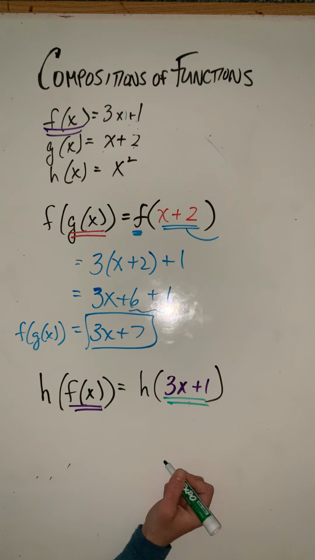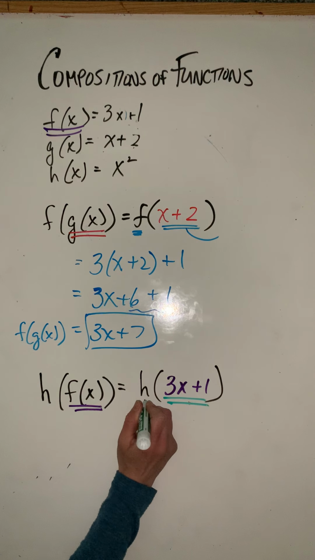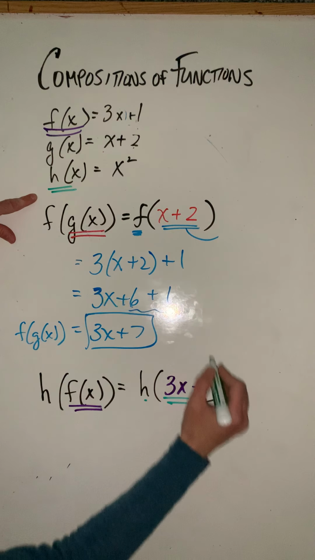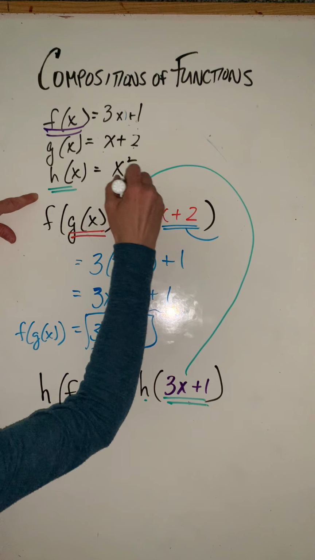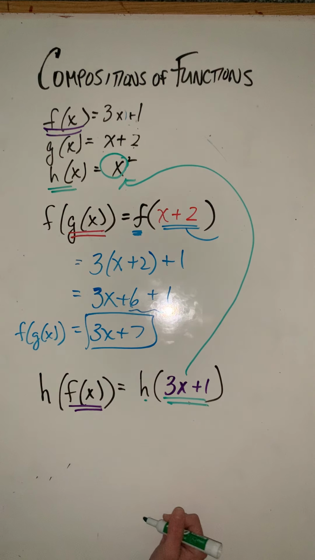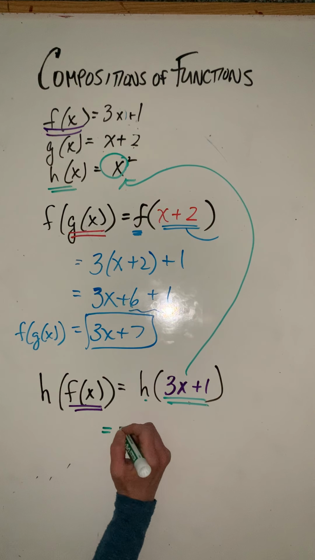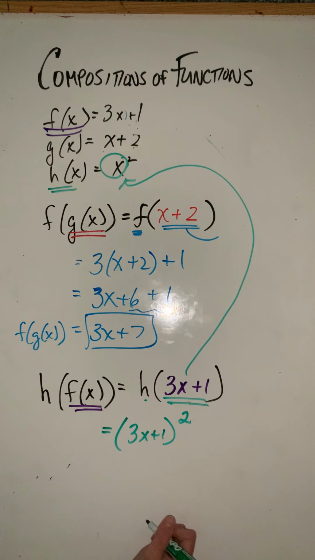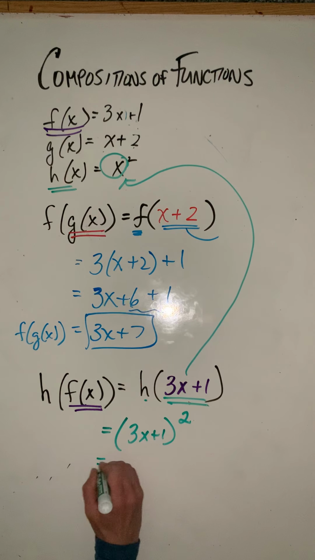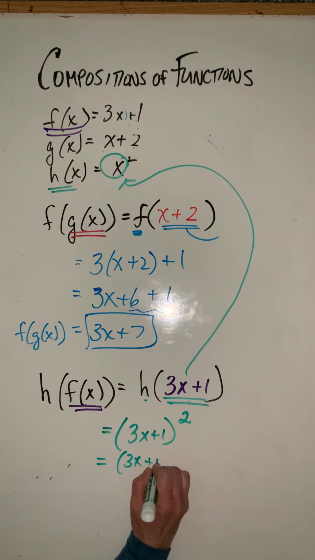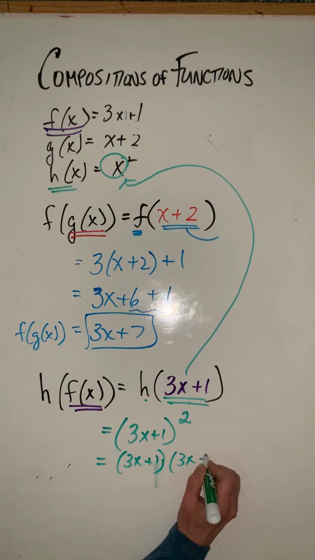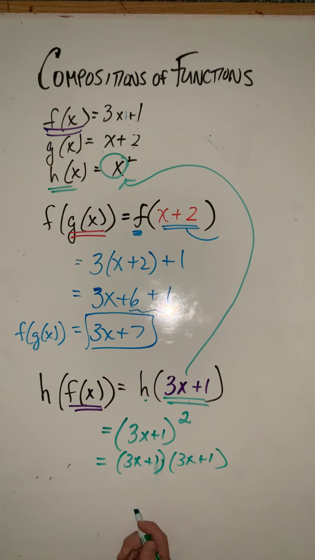Okay, now in order to find h of 3x plus 1, we're going to take whatever's in the parentheses, in this case 3x plus 1, and we want to substitute it into that function h. So here's h. So we're going to take this and substitute it in for x here. So if we do that, we get 3x plus 1 squared. All right, we just have to remember that with 3x plus 1 squared, we're not just going to square the 3x and square the 1, right? We've got to multiply this out. This is really 3x plus 1 times 3x plus 1.